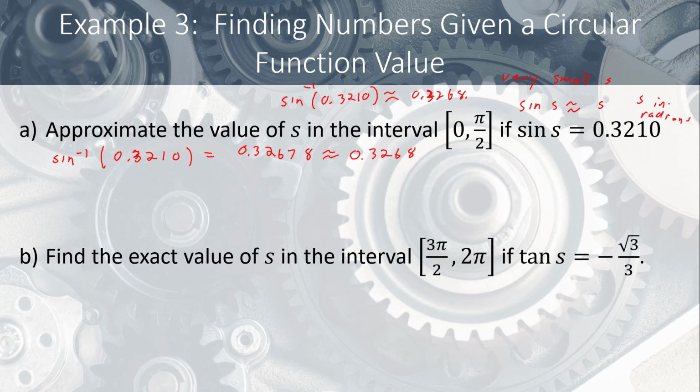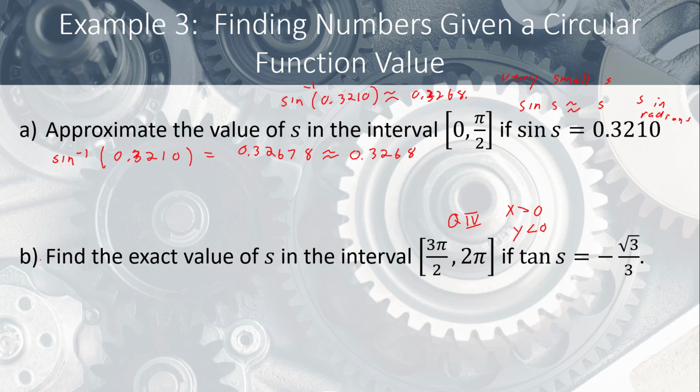For part B, we want to find the exact value of s in the interval 3 pi over 2 to 2 pi if tangent of s is equal to negative root 3 over 3. Now notice that this quadrant is quadrant 4. As a consequence, x is greater than 0 and y is negative, or x is positive and y is negative.